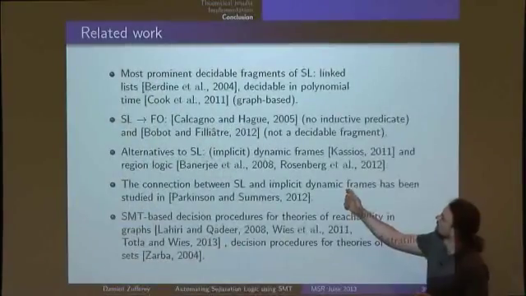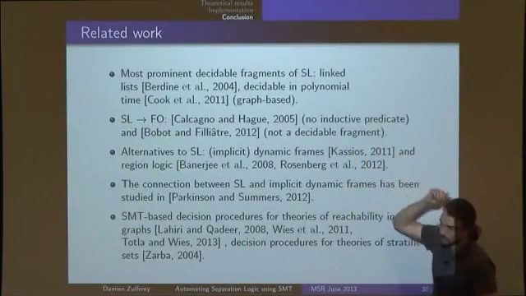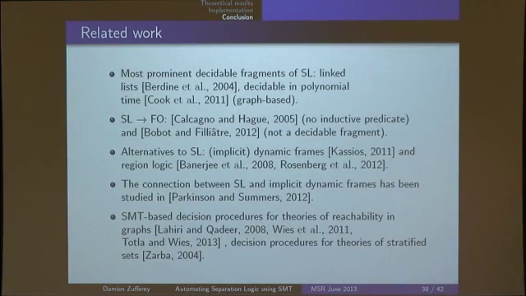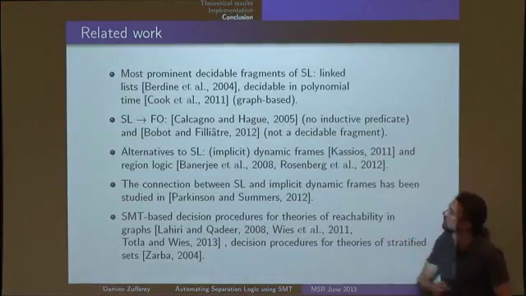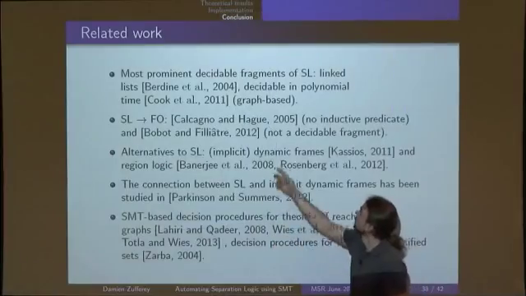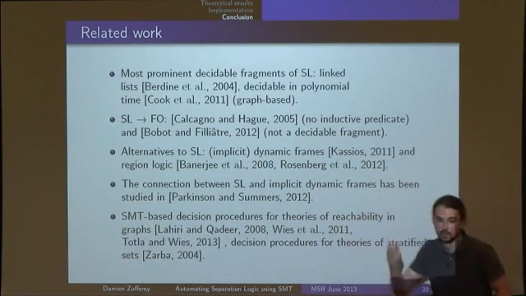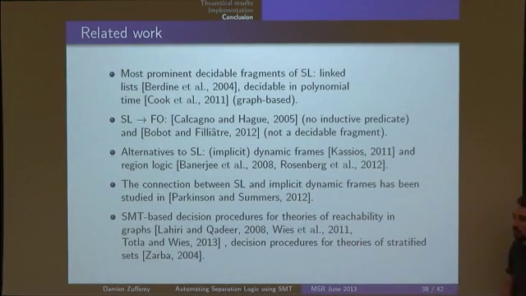People have been looking at cases which are decidable but without inductive predicates, because you need an additional first order theory which is decidable and matches the predicate you want to reason about. Or people have gone to a very general translation, but then they don't care about decidability. So they can just embed the semantics of separation logic into first order logic.